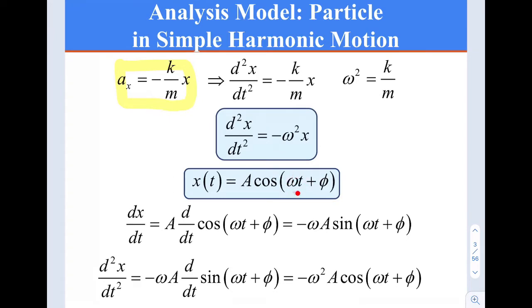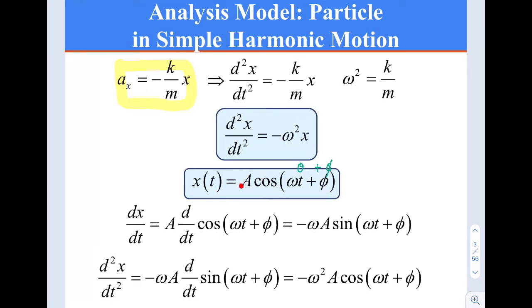So omega t is actually a theta, and this is theta plus phi. Phi is also a kind of angle, but it explains the initial condition of the object's position whenever the time is 0. Is there any displacement or not yet?